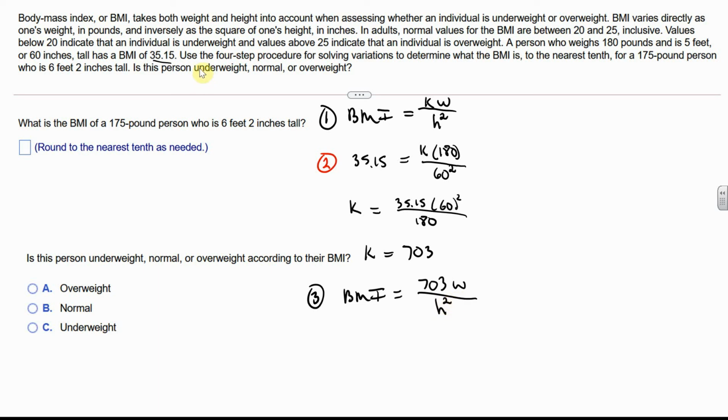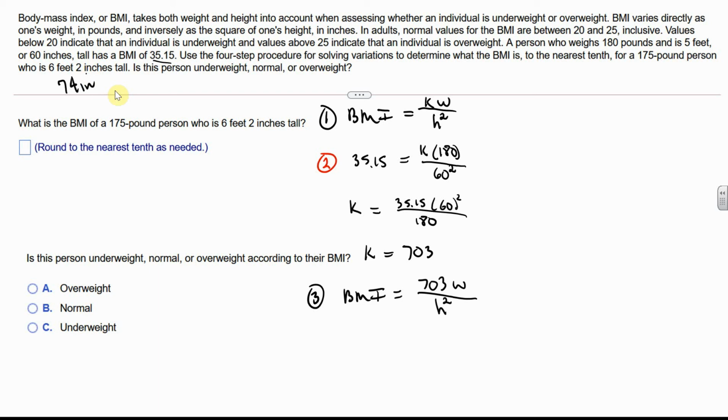So this is BMI equals 703 times W all over H squared. Now, the last question: use the 4-step process to determine what the BMI is, to the nearest tenth, for a person who's 175 pounds and 6 feet 2 inches. So 6 feet is 72 inches, and plus 2, that's 74 inches.